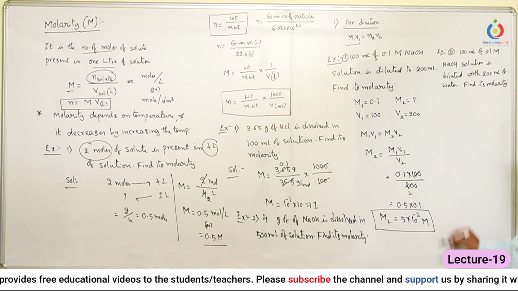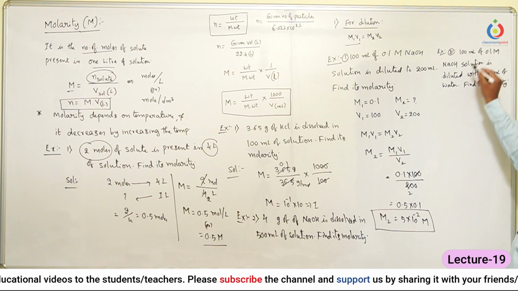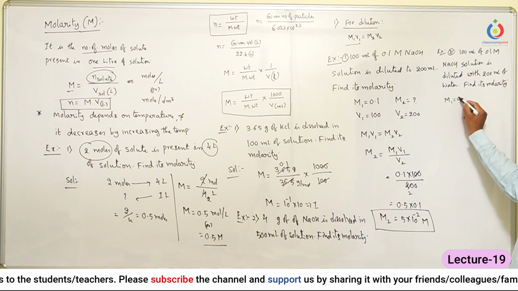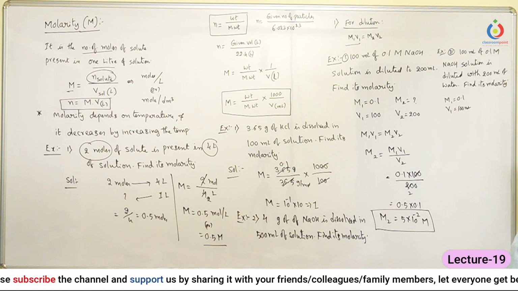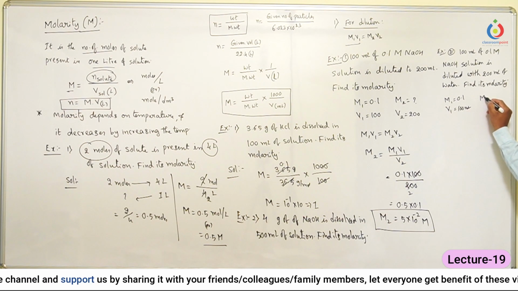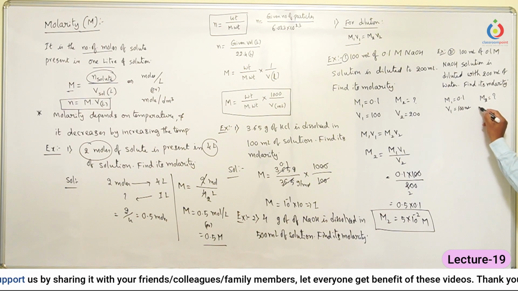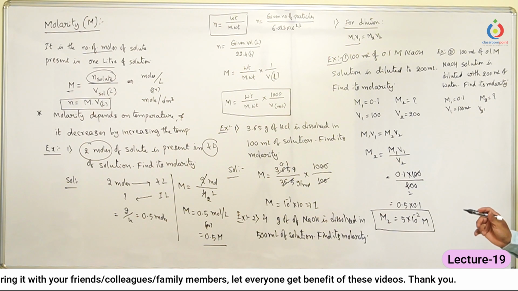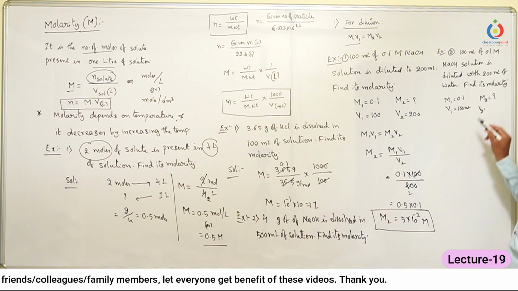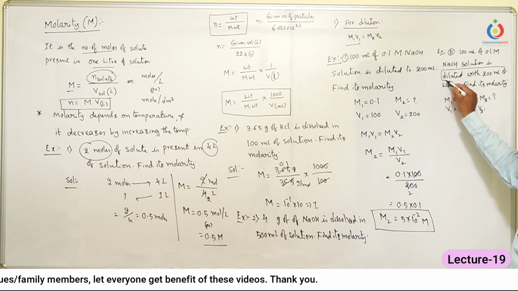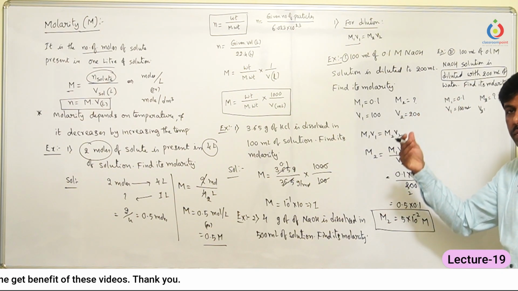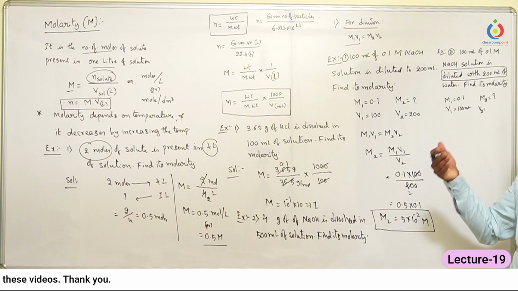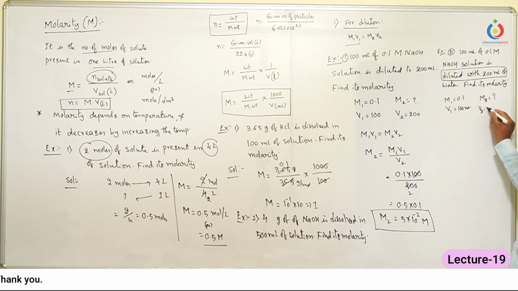In this part, the starting molarity M1 is 0.1 and the volume is 100 ml. There is no change in this part. The final molarity is to be calculated, and the final volume of the solution is not 200, because 200 ml of water is added. Already 100 ml of the solution is present, so 100 plus 200 ml becomes 300 ml of solution.